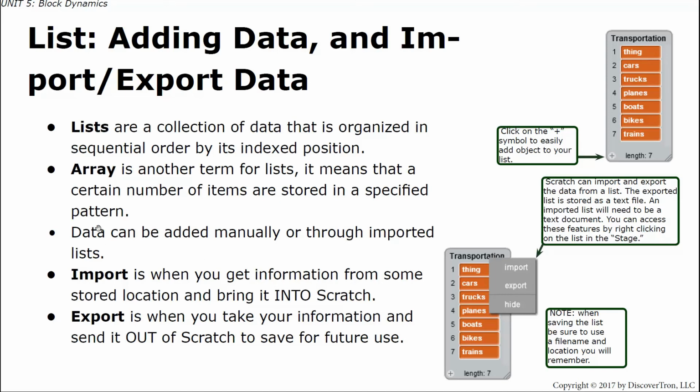Okay, so data can be entered manually or imported into your list. You can get information from a text file or from another Scratch list and import it into other lists. I've never personally had a need for that within Scratch. However, whenever I've been working with Unity and doing some more advanced programs, it's very common to bring in a data list and import it into your arrays for your program.